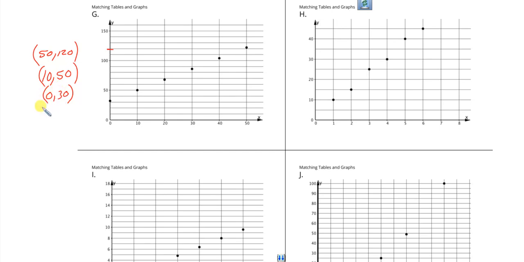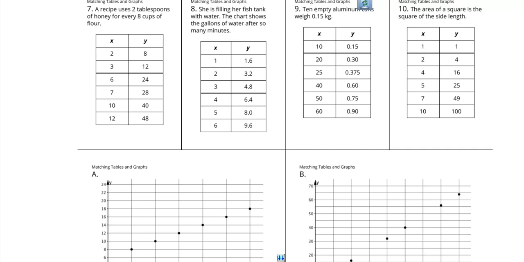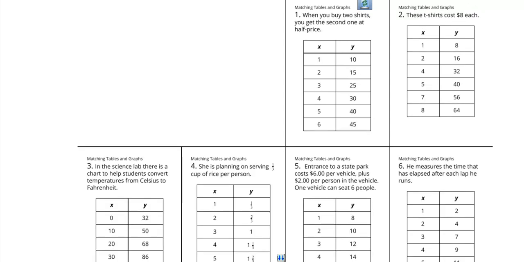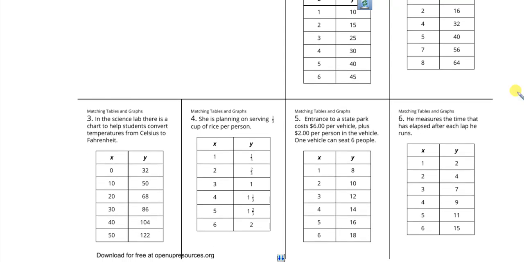So I would start looking for the 30 one. When I go back to my tables, I'm looking, okay, are there any that have a 0, 30 on it? This one right here kind of does, 0, 32. There's also a 10 and 50. So I'm a little curious if that one's close to what I'm talking about.